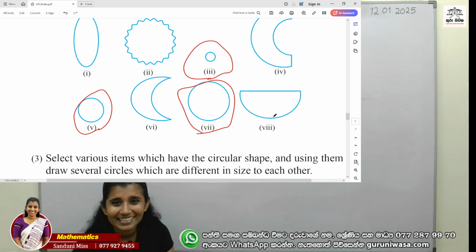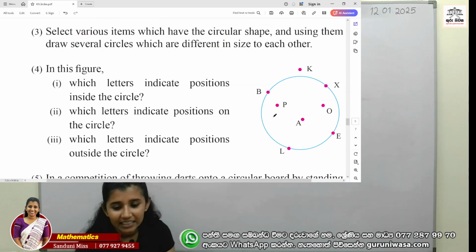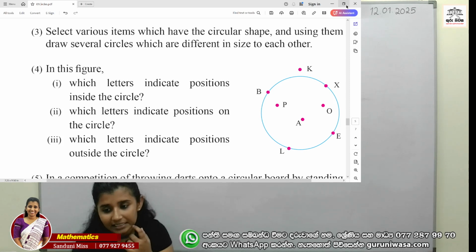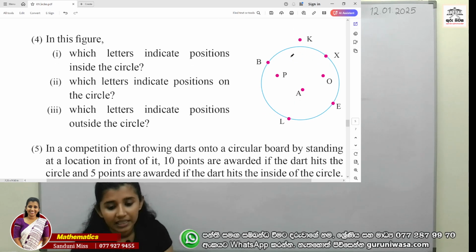No, why? It's not a circle, it's half of a circle, right? Semicircle. Select the various items which have the circular shape and using them, draw several circles which are different in size to each other. We did this in class, right? Question number 4, we'll do it now.